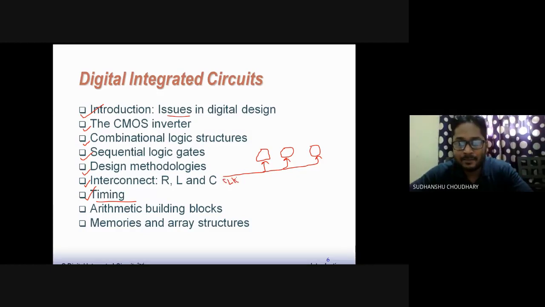Now I'm applying the clock, and because of the distance the clock has to cover, for example, component number 1 is the closest to the clock, so obviously the clock will reach component 1 before it reaches 2 and 3. Right? Because of the location of the clock source, sitting over here, and these components on the chip, the clock arrival times will be different. And we don't want this.